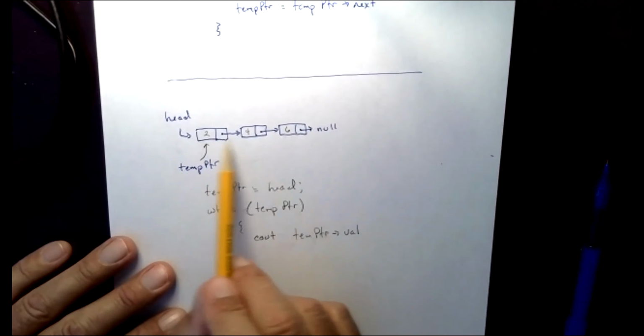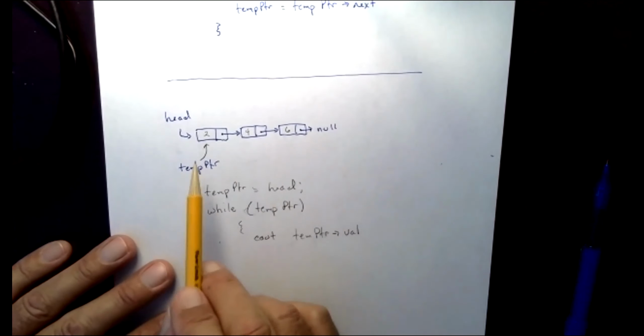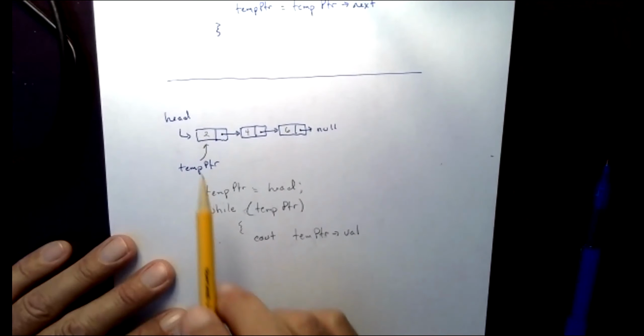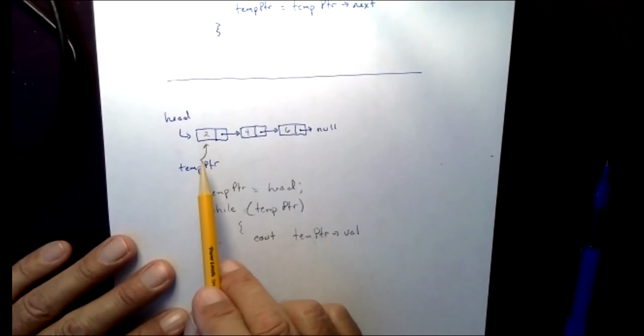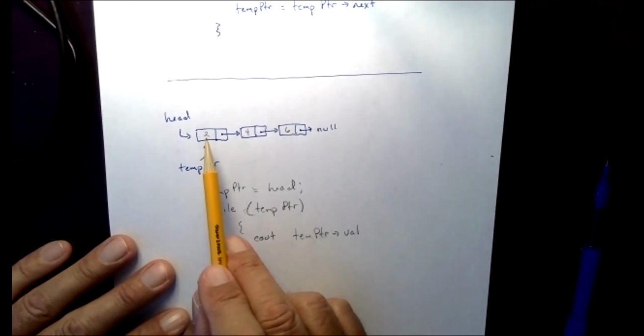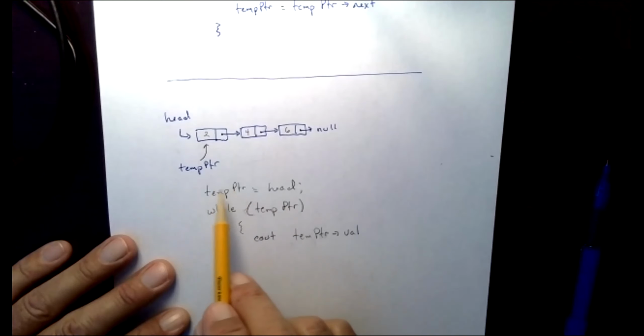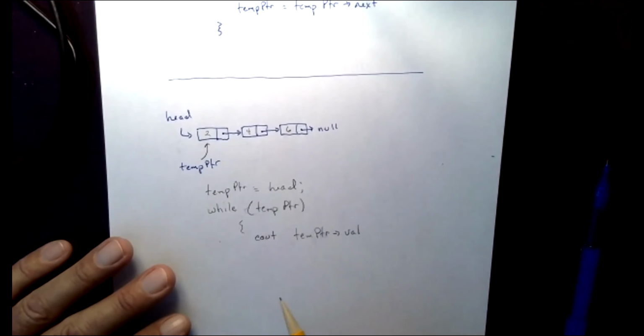So working on displaying this list, temp pointer gets the value of head so that it points to the first one. While temp pointer is true, that means it's pointing to something. It's not pointing to null. Nice little clean loop. It has an initial value. It has a check. And what else is it going to need? An update or an increment.